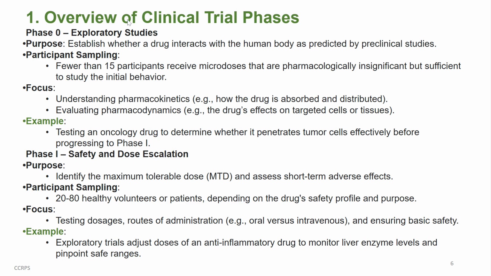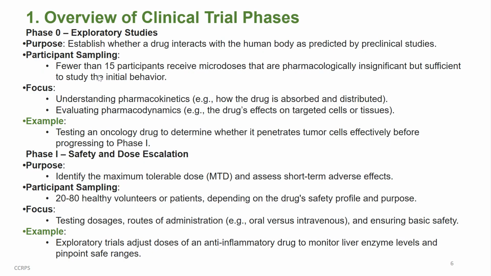Key points for the topic for the day. Number one, overview of clinical trial phases. Phase zero, which is called exploratory studies. The purpose of phase zero is to establish whether a drug interacts with the human body as predicted by preclinical studies. So phase zero, exploratory studies, is more like preclinical studies.